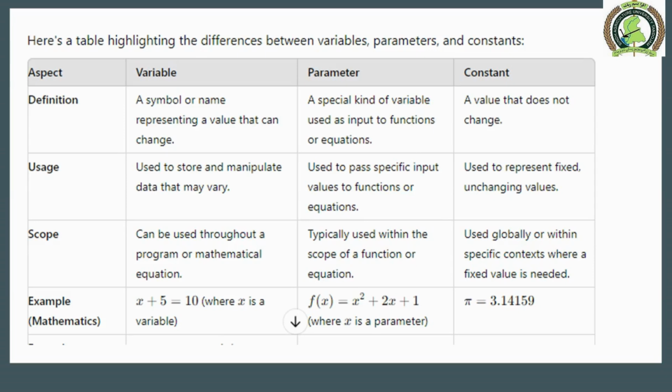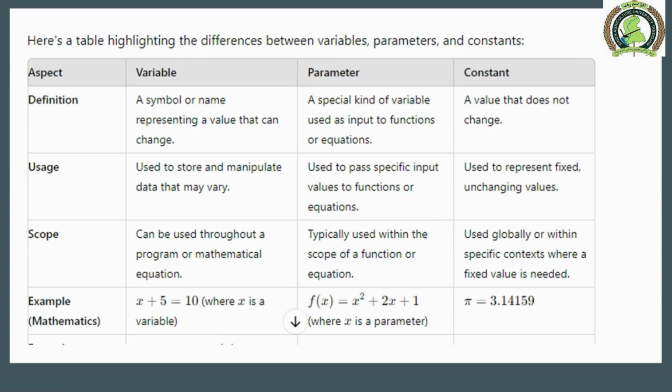Now, what is the scope of variable, parameter and constant? A variable can be used throughout a program or mathematical equation. A parameter is typically used within the scope of a function or equation. A constant is used globally or within specific contexts where a fixed value is needed.